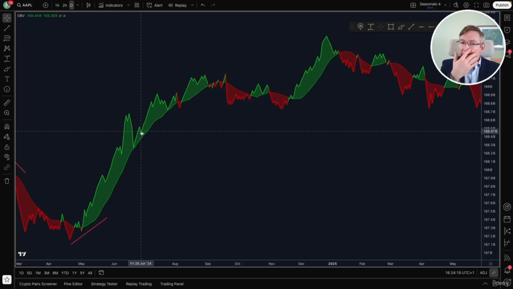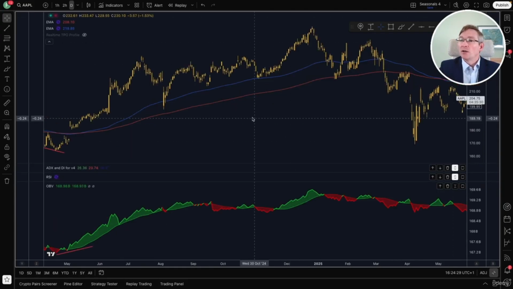So what the indicator does is if price closes higher, it's assuming that positive volume is added to the on-balance volume line. If price closes lower on the actual chart, it's assuming that volume is being subtracted from the cumulative total of the volume. And if price is unchanged, the on-balance volume stays flat.